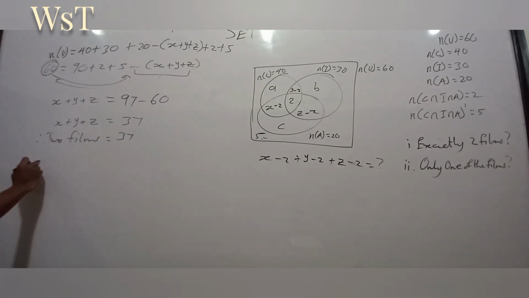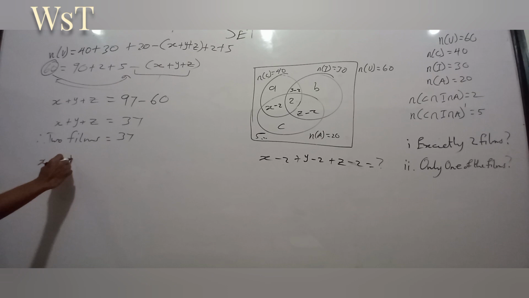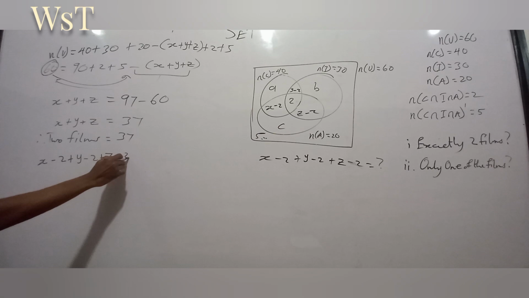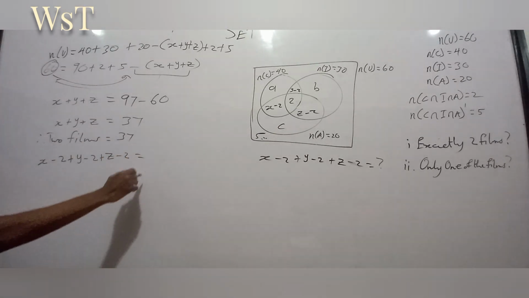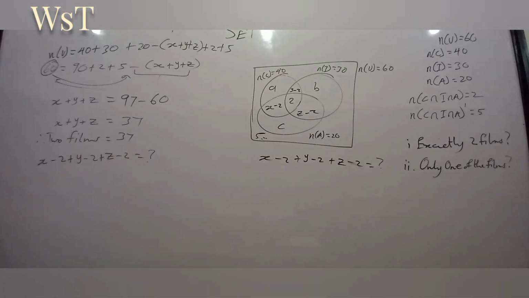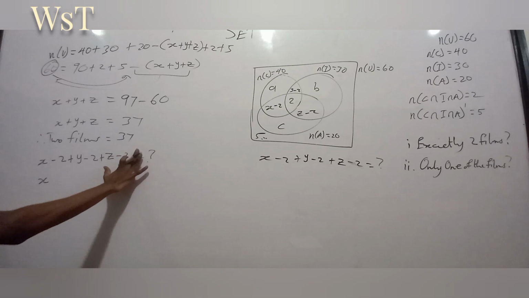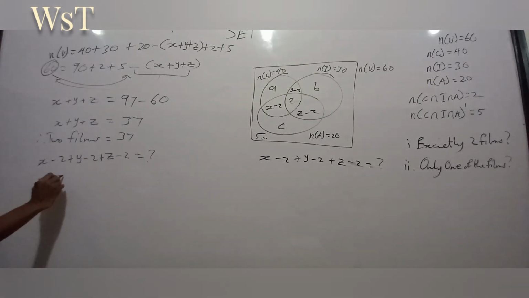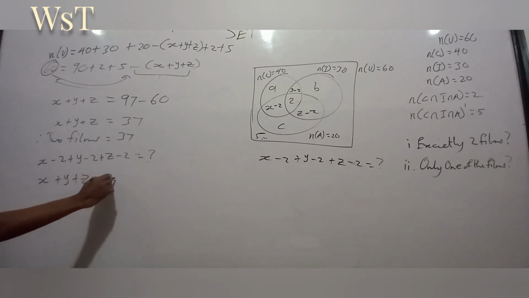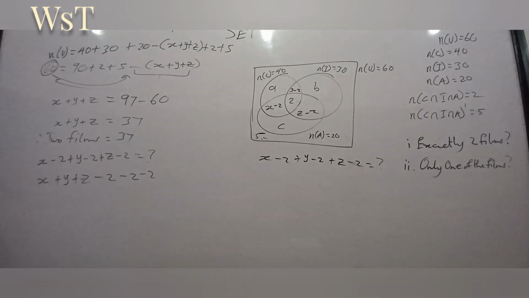So only 2 films becomes x minus, plus y minus 2, minus 2, isn't it? It's equal to what? No, we don't know. All right. So x plus y plus z minus 2 minus, isn't it?